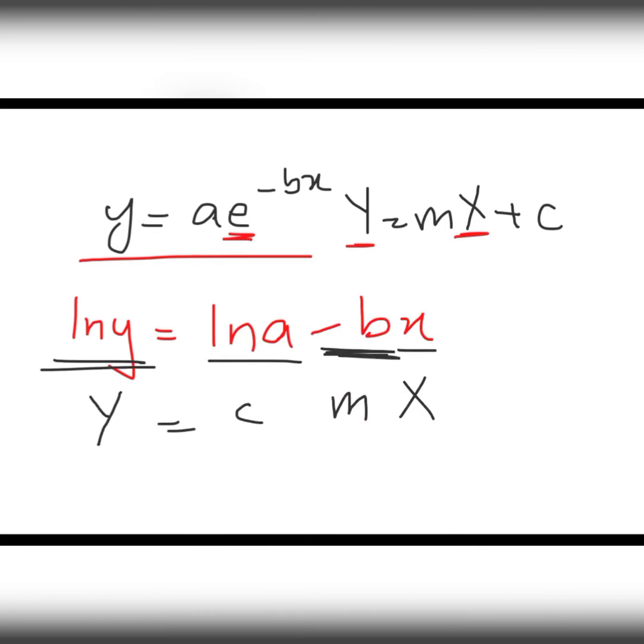Moving on, if they now tell me in a question that variables x and y are such that y is equal to a into b to the power x, where a and b are constants, they've given us a non-linear curve, the equation of the curve that we need to bring in linear form. Now they tell you that the diagram shows lg y against x.